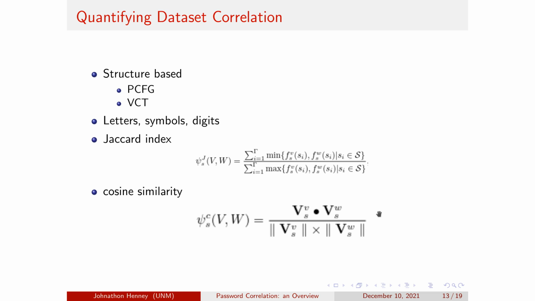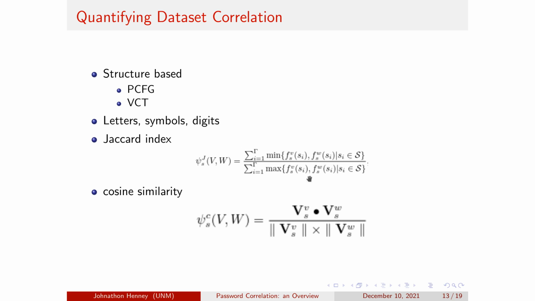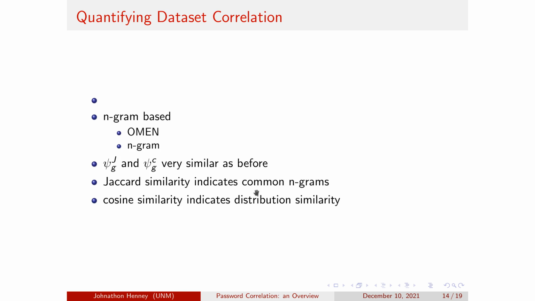So then they also talk about the Markov-based way of doing things, which is very similar. It just uses the Markov n-gram methods, where they use tools like OMEN and other software tools they mention, using this n-gram units of the passwords. And so very, very similar formula structures, pardon me, for this psi and these two psi terms, where they are very similar to here and here, but with simple index changes to denote them as the n-gram.